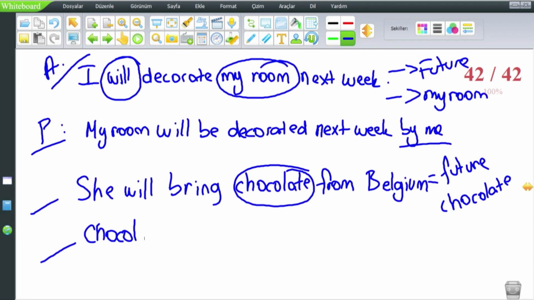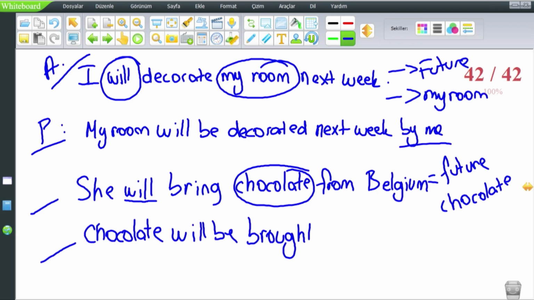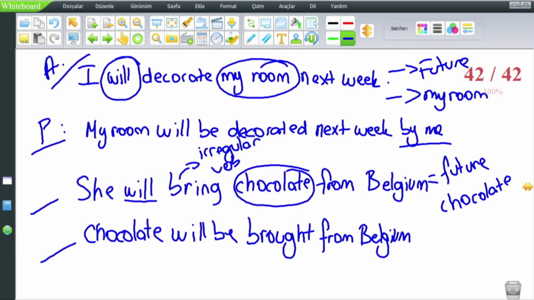Chocolate will be brought, verb 3. This is an irregular verb. Will be brought from Belgium by her.